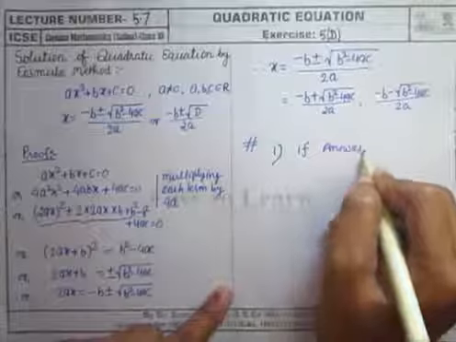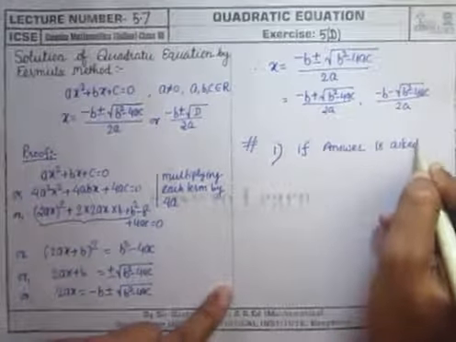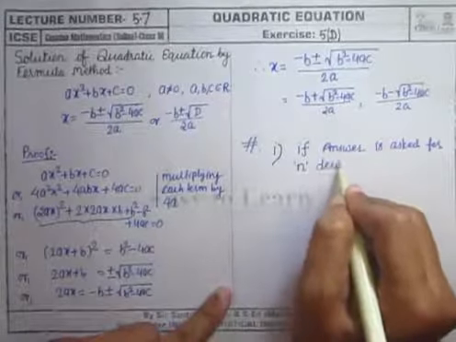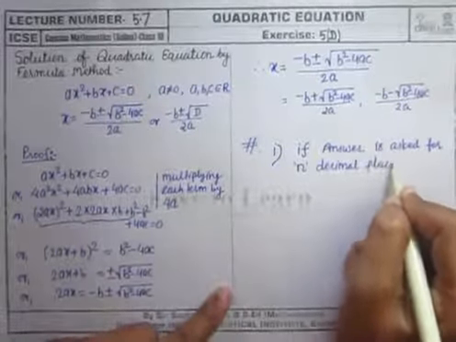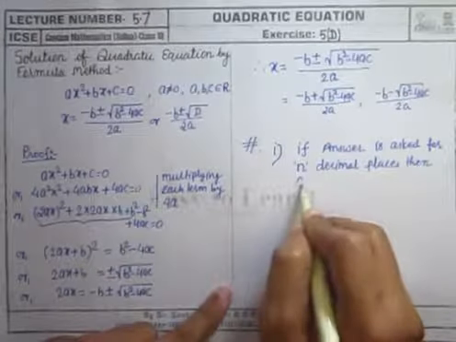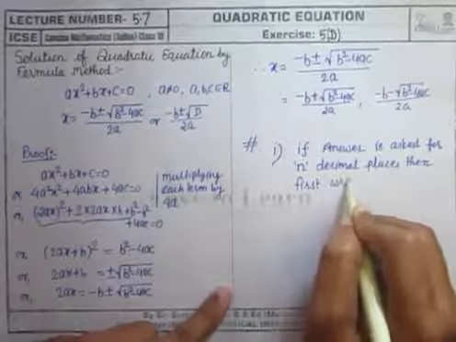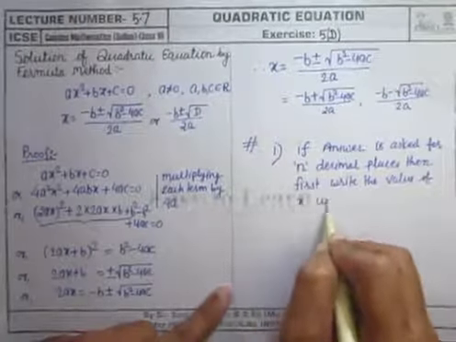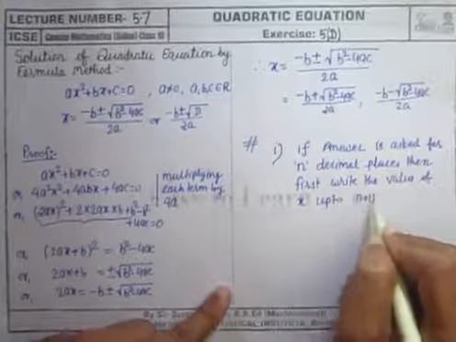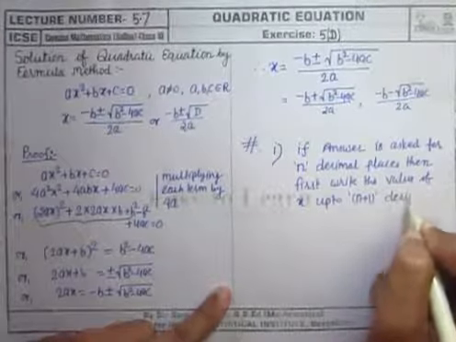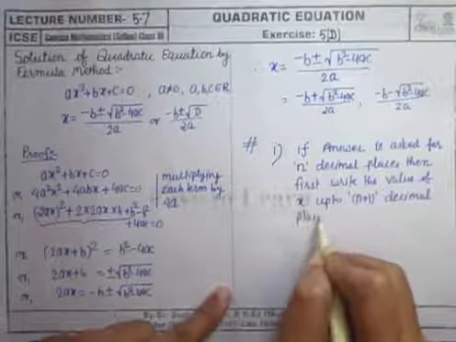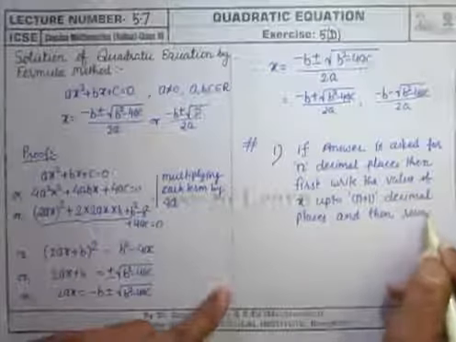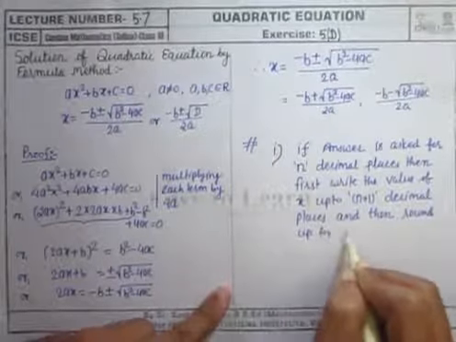So if the answer is asked for n decimal places, then first write the value of x up to n plus 1 decimal places, and then round off for n decimal places.